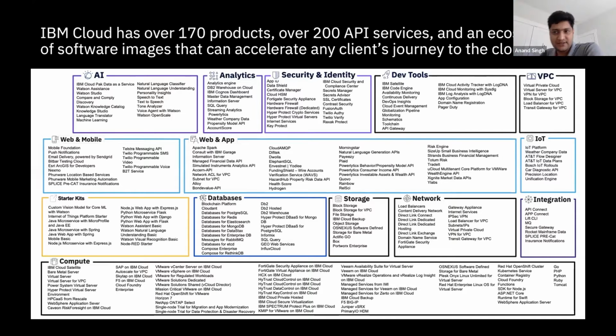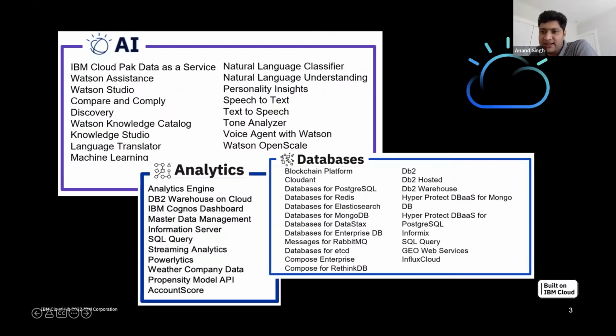We already showed you this slide of all the services, 300 plus services we have in our catalog. Let's go a little deeper on the AI services, what we offer. I put along with the AI some of our analytics and database services, because a lot of times AI involves a lot of data handling.